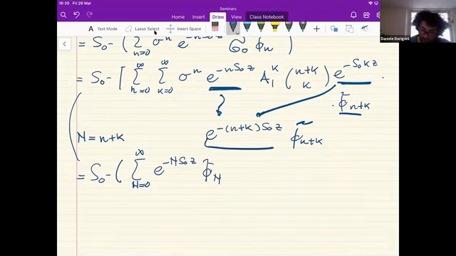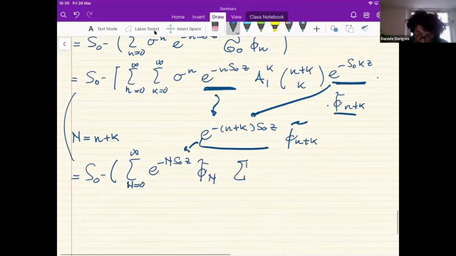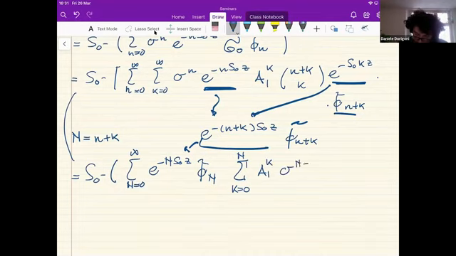There were these two terms. And whatever is remaining is this finite sum, the sum for which k goes from 0 all the way to N, A1 to the k, sigma to the capital N minus k, and the binomial.